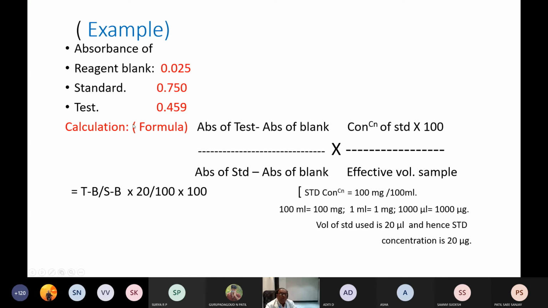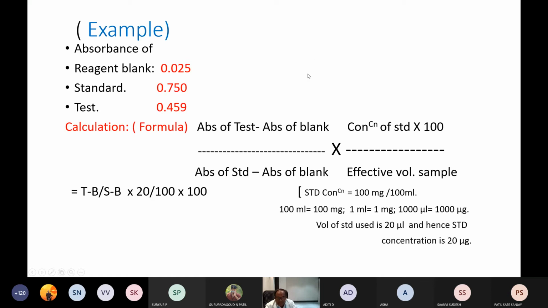Now there is one formula for the calculation that goes this way. The blank absorbance is subtracted from the absorbance of the test, and the same blank absorbance is subtracted from the absorbance of the standard, that is (AT minus AB) divided by (AS minus AB), multiplied by the concentration of the standard.